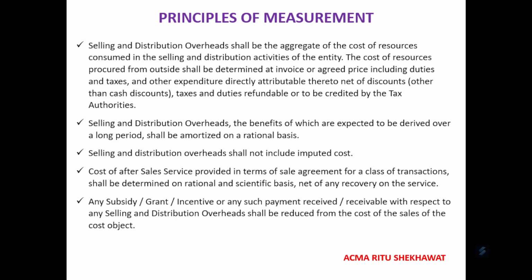Got it? Fine. Moving further, selling and distribution overhead, the benefit of which is expected to be derived over a long period, shall be amortized on a rational basis. It says that whatever expenses are incurred today in the nature of selling and distribution overhead, against which we are expecting to receive benefits for a long period, over the next multiple years.